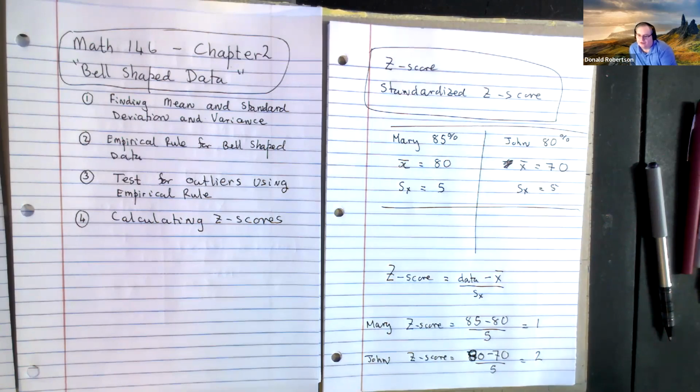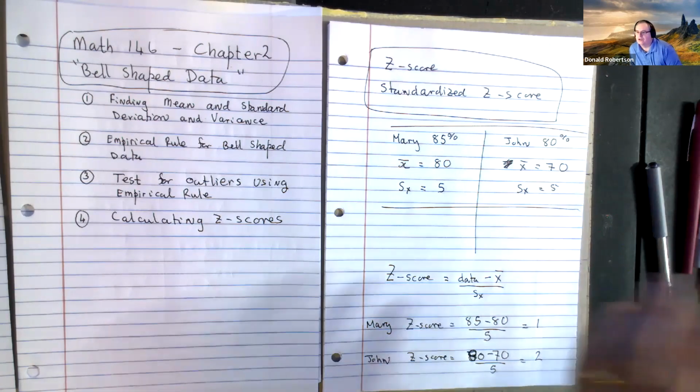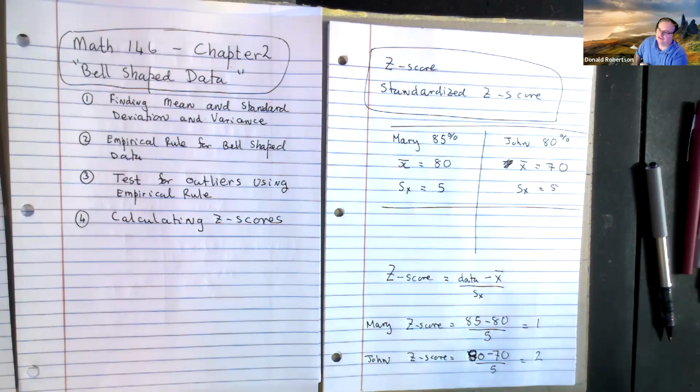SAT scores, for instance, are standardized because some years the exam that you take might have been a little bit harder than the previous year or a little bit easier. So they use the Z-score technique to fix that problem, right? Standardize it. And so the score that you got would be exactly equivalent to anyone else's, no matter how hard or easy the test would be, because they adjust it accordingly.